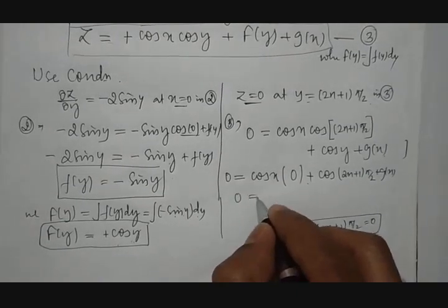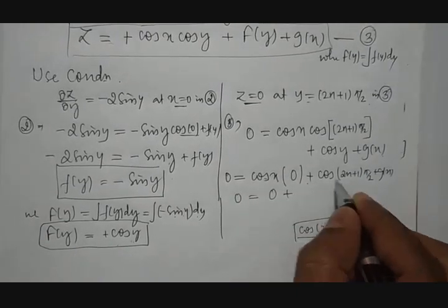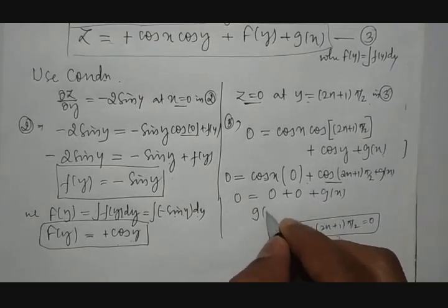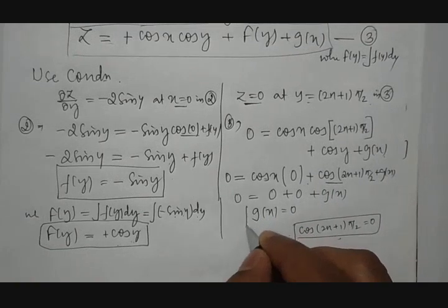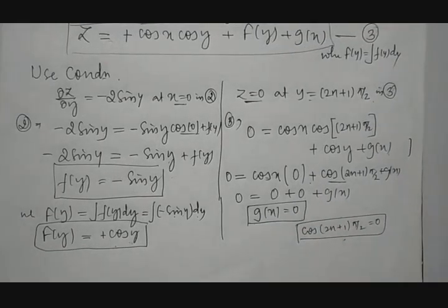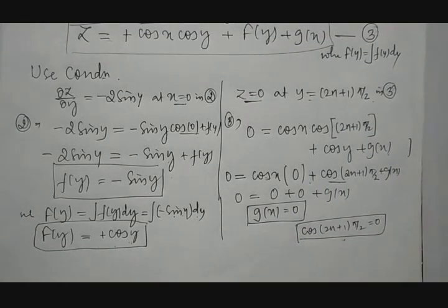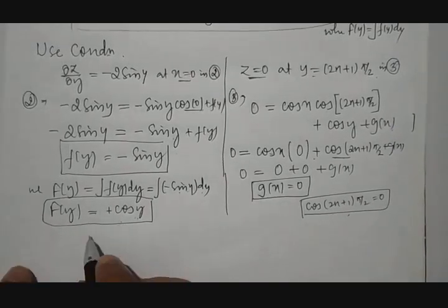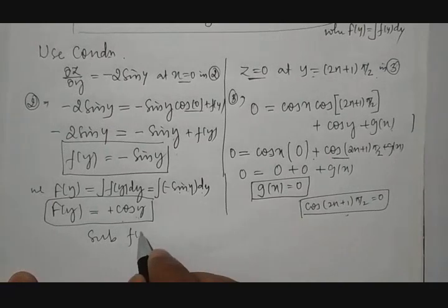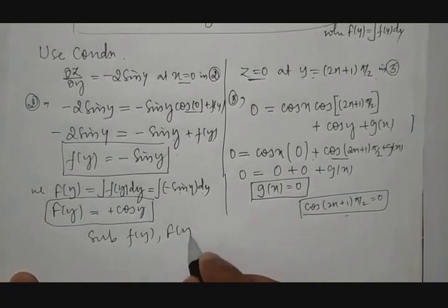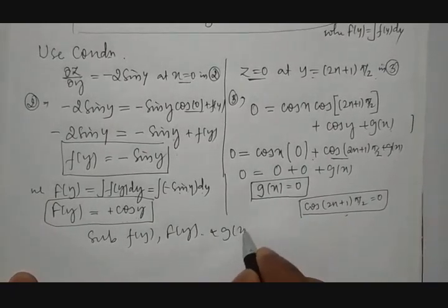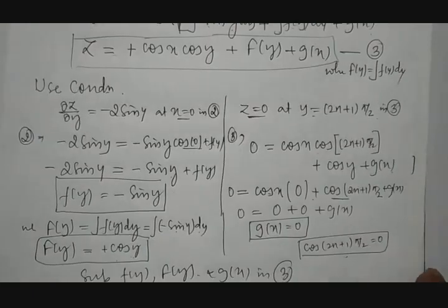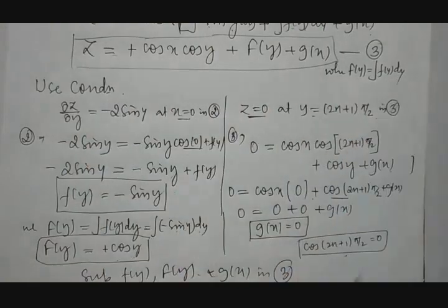Therefore, 0 equal to 0 into anything is 0, plus again this is 0, plus g of x. Means the value of g of x is equal to 0. Therefore, we are going to substitute the value of g of x is equal to 0. Where? Let us substitute f of y, capital F of y and g of x in equation number 3 to get a final solution.